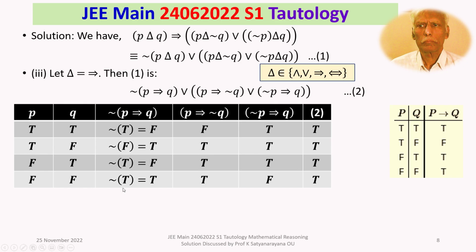And negation of T is F. This is not T, this is F. So now P is F implies negation of Q, T, F, T. So this is T. And negation of F is T implies F, T implies F is F. So one T is sufficient for us.